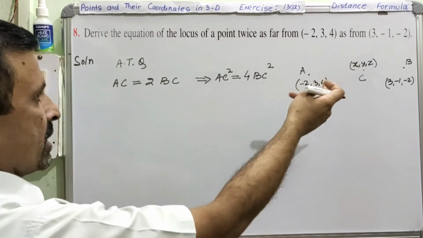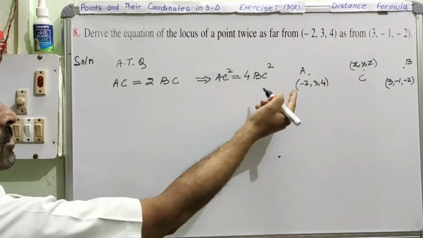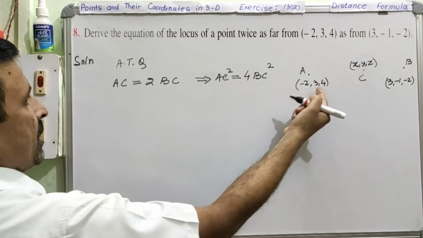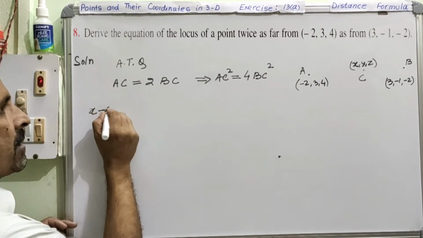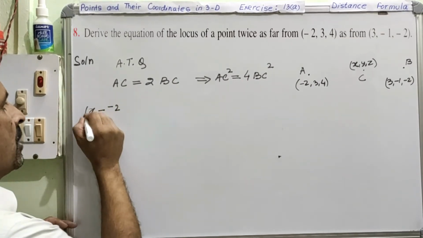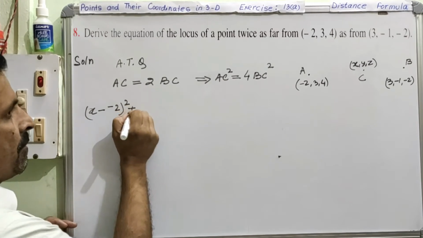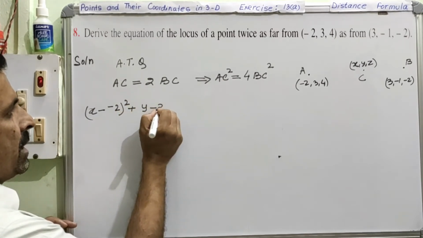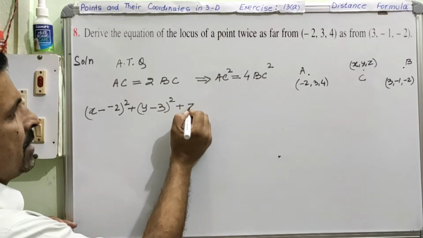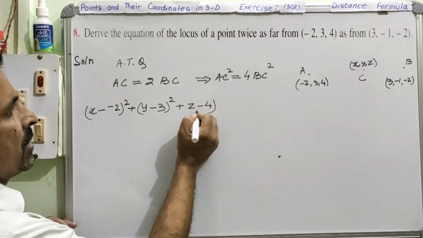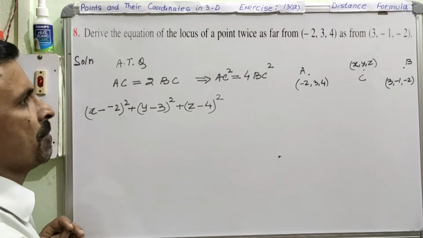So using the coordinates, let us begin. AC square, that means we will use the coordinates of A and C. So this is X minus 2 whole square, plus Y minus 3 square, plus Z minus 4 square.